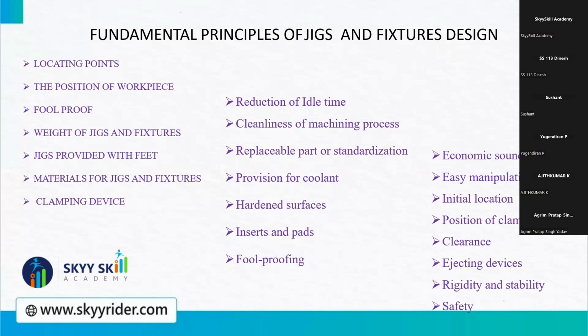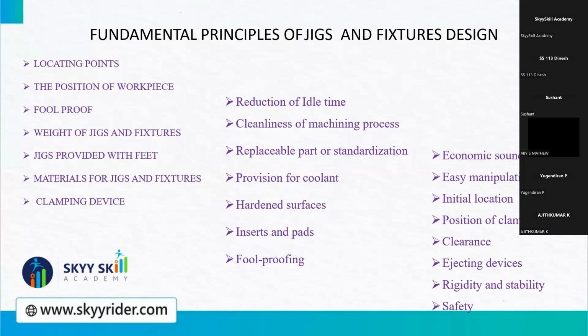So the next one is weight of jigs and fixture. The weight of jigs and fixture should be easy to handle, smaller in size, low cost with regard to the amount of material, and used without sacrificing rigidity and stiffness, because rigidity and stiffness give you vibration-free operation.